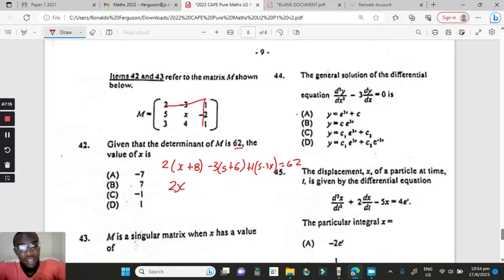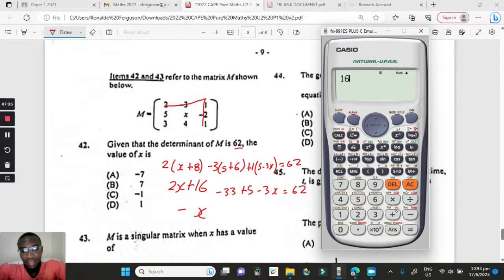This is 2x plus 16. 5 plus 6 is 11, 11 times 3 is minus 33, plus 5 minus 3x is 62. 2x minus 3x is minus x. 16 minus 33 plus 5, I can't be bothered because I'm tired. 16 minus 33 plus 5, that's what we have, minus 12.